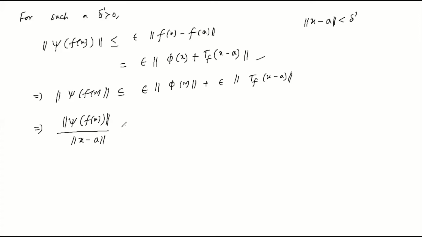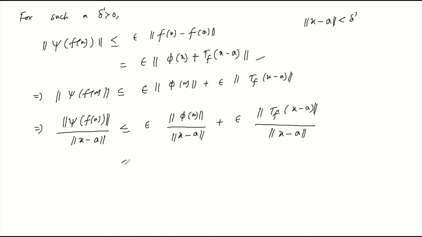Okay, so this is less or equal to epsilon times norm of phi of x over norm of x minus a, plus epsilon times norm of tf acting on x minus a over norm of x minus a, and this is less or equal to epsilon times norm of phi of x over norm of x minus a plus epsilon times some m.